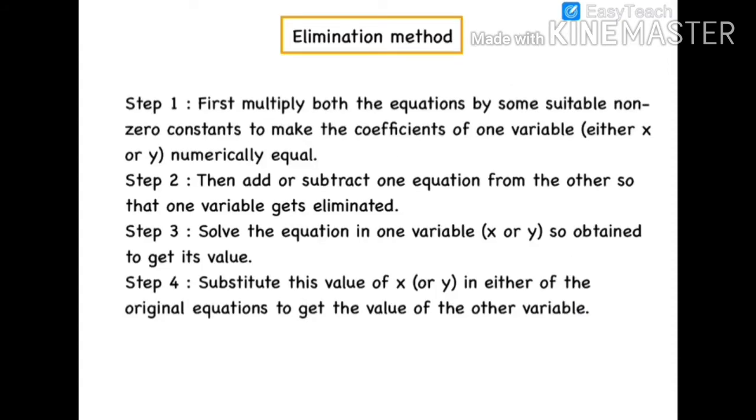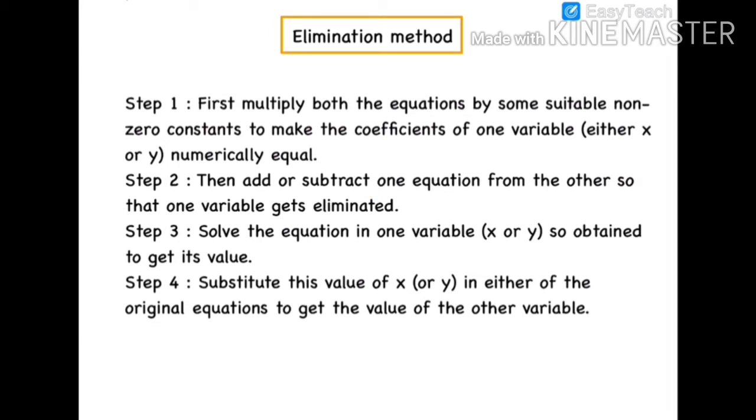The next method that we studied is called the elimination method. As the name suggests, the idea of this method is to eliminate one variable. So the first step is to multiply both equations by some suitable non-zero constant, so that the coefficients of one variable become equal.